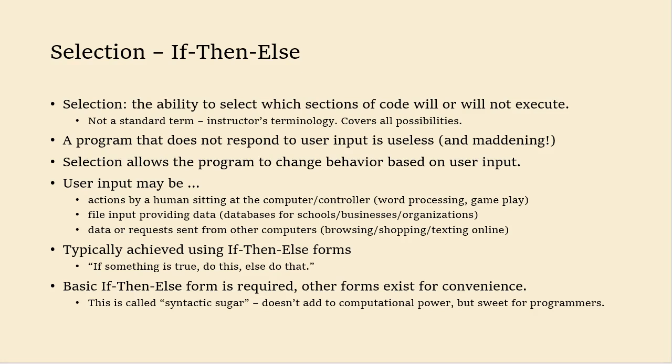You can also have data and requests that are sent from computer to computer. So, we live in a highly networked world now. Online shopping, the input to the machine over at shopping.com isn't really from you, it's from your computer. That's a request, and it's data sent from your computer to another computer. And that's happening more and more now because more and more things are networked and automated.